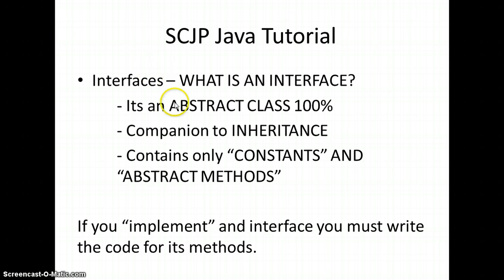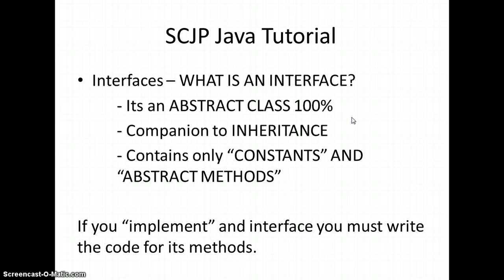Interfaces, a big one. What is an interface in Java? It's basically a 100% abstract class, just like the abstract class I mentioned. It's a companion to inheritance, and it contains only constants and abstract methods. You'll see that when we code some. If you implement an interface, you must write the code for its methods.